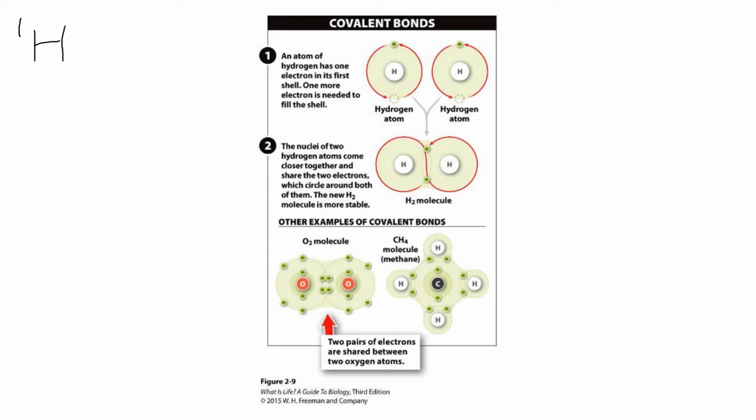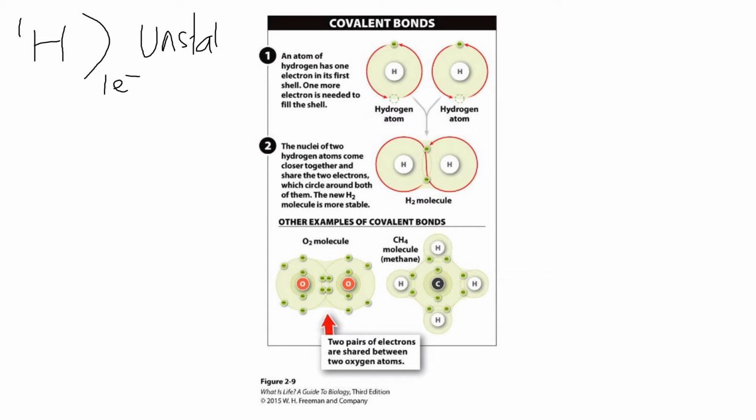If I draw the electron shells for hydrogen, I'm just going to draw 1 electron shell, and this 1 electron shell is carrying 1 electron. I'm going to note it with an e and a negative, just to remind you that electrons carry negative charges. So hydrogen is actually unstable.